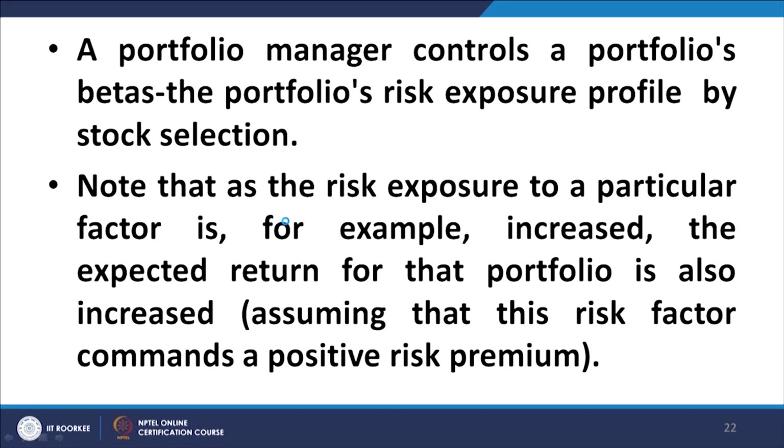So, if the risk exposure with reference to a particular risk factor is increased, a corresponding increase in expected return can be expected under the APT model, provided of course that risk factor commands a positive risk premium. The risk exposures and hence the implied expected return for a portfolio are determined by a manager's stock selection.